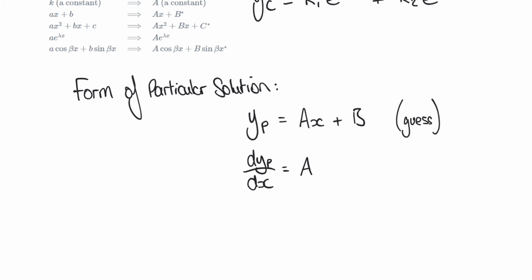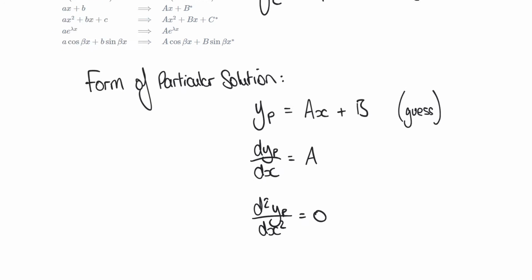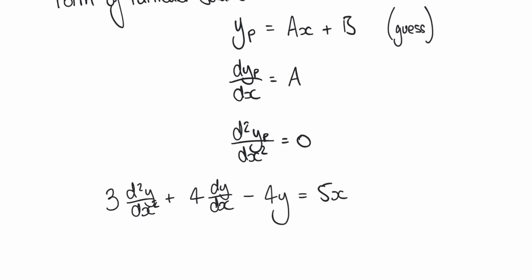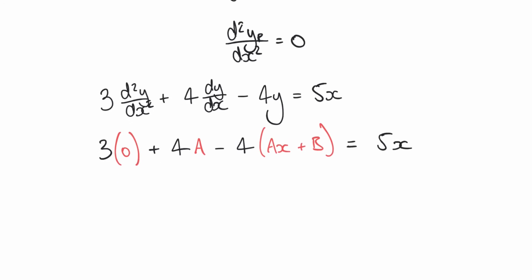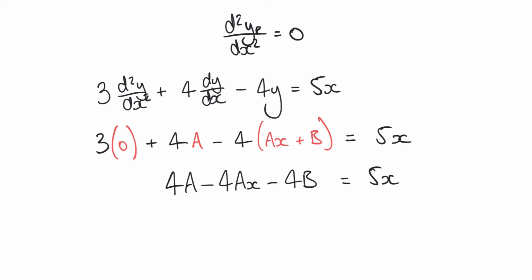And differentiating again, d squared yp by dx squared is equal to 0. And so when we return to our original non-homogeneous equation and we substitute all of these in, we'll see something like this. And that simplifies a little bit, and we end up with 4A minus 4Ax minus 4B is equal to 5x.